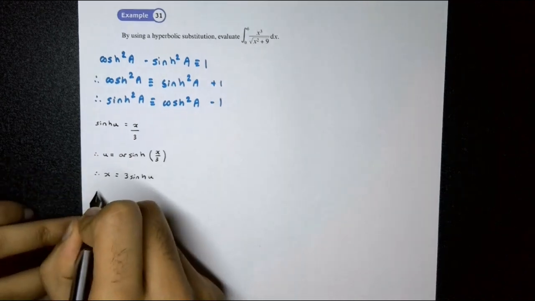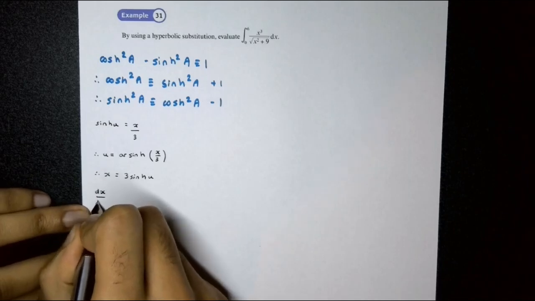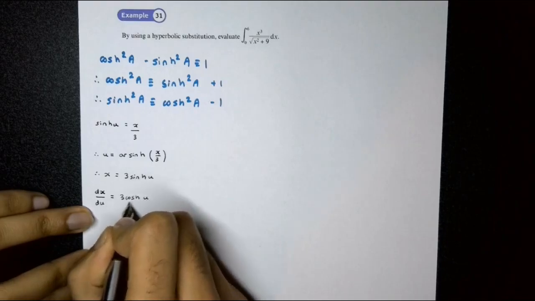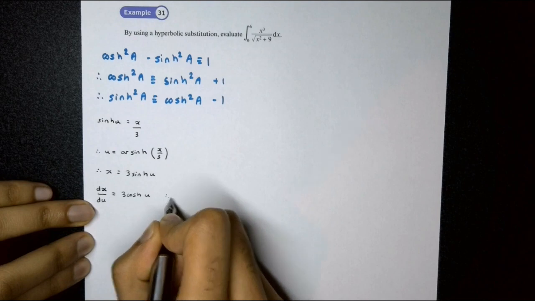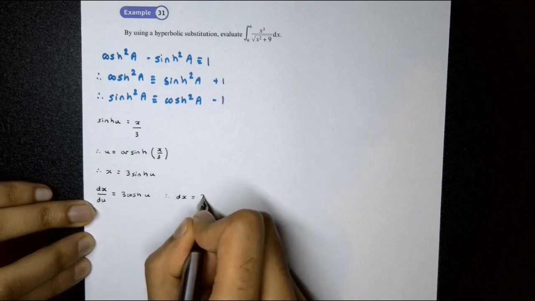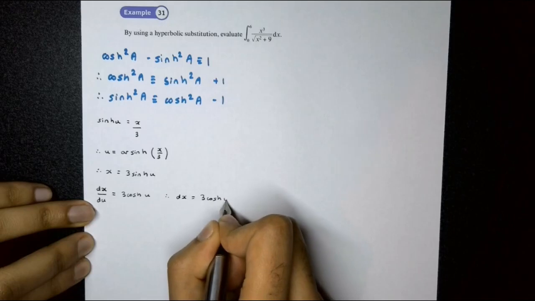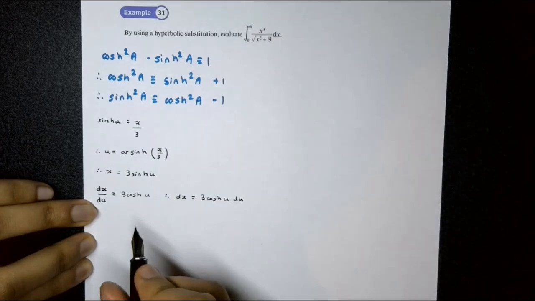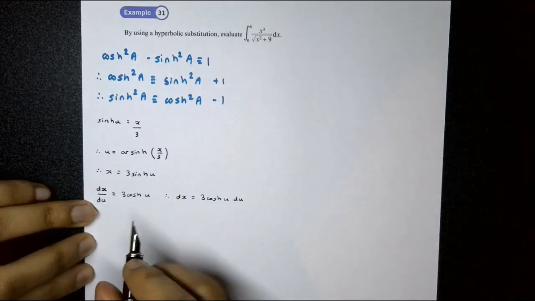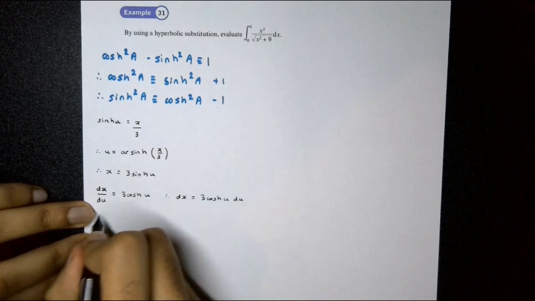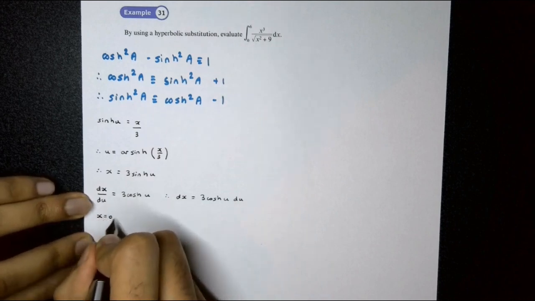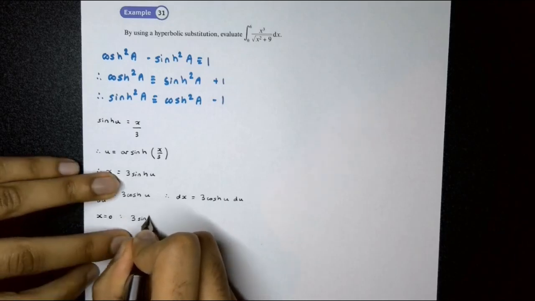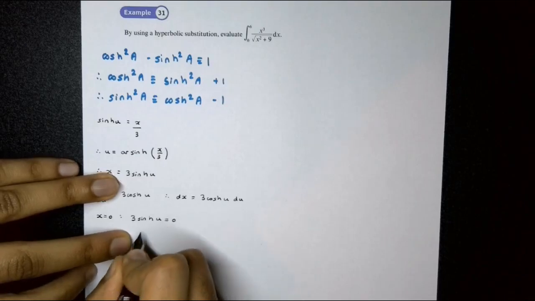So now if we find out what dx over du is, that's equal to 3 times by hyperbolic cosine of u. So therefore dx is equal to 3 times by hyperbolic cosine of u du. And you'll notice our limits are in terms of x, so we need to change our limits so that they're in terms of u. So when x is equal to 0, we've got 3 times by hyperbolic sine of u equaling 0.